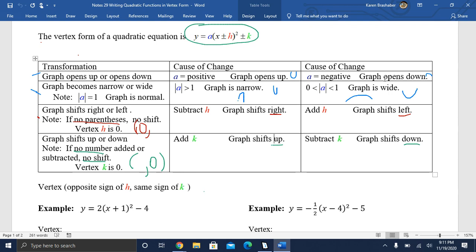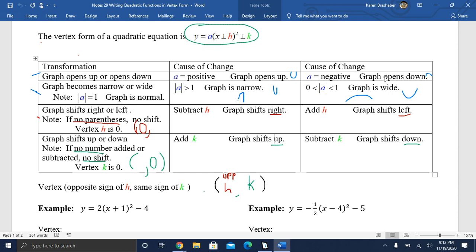I've been mentioning the vertex. Your vertex is coming from the equation, and you're always going to use the opposite sign of whatever is going on with h. So opposite sign of h. And for k, you use whatever sign is seen in the equation. So opposite sign of h, but the same sign of k.